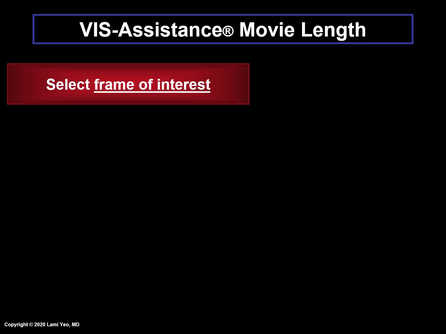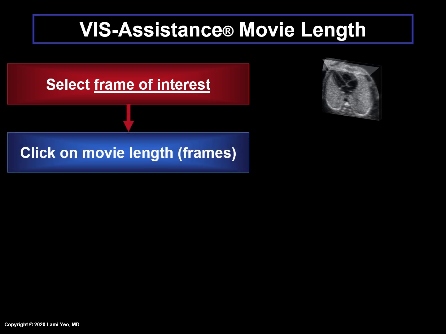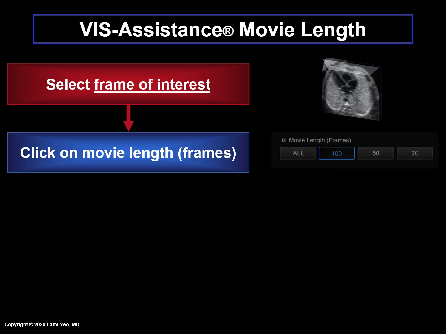To save a different movie length, the user must first select the frame of interest within the Visa Assistance video clip. The movie length is always centered around this specific frame of interest, which could be where a cardiac abnormality is shown, for example. Next, choose and click on the movie length or frames. This will be the total number of frames in the movie, in this case 100 frames.